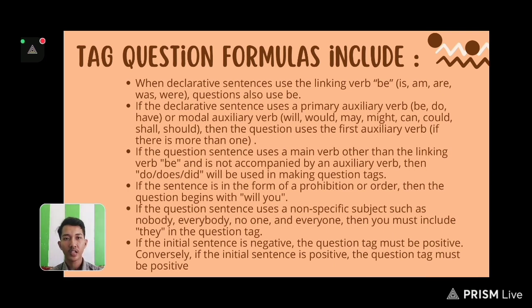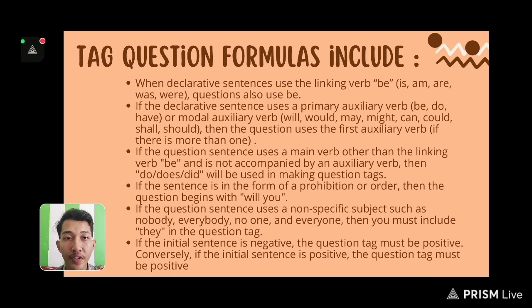The first is when the declarative sentence uses the linking verb be: is, am, are, was, were. The question also uses be. Next, if the declarative sentence uses a primary auxiliary verb, be, do, have, or a modal auxiliary verb such as will, would, might, may, can, could, shall, should, then the question uses the first auxiliary verb if there is more than one.